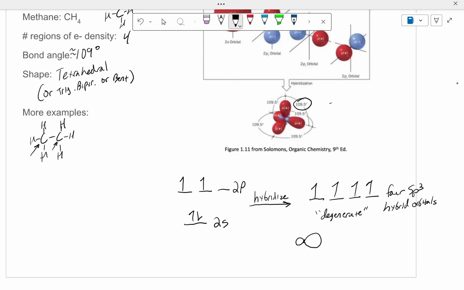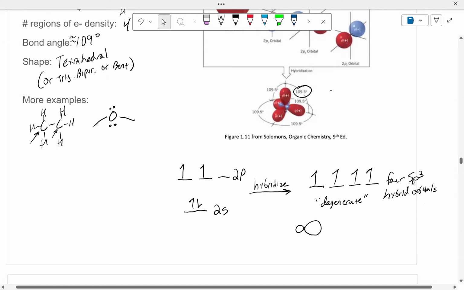If you see an atom with four regions of electron density, especially carbon, we're focusing on carbon, then four regions of electron density would make it an sp3 hybridized atom. Or, for example, oxygen. Oxygen has, in this case, two bonds and two lone pairs, still four regions of electron density. So we would call that an sp3 hybridized atom.